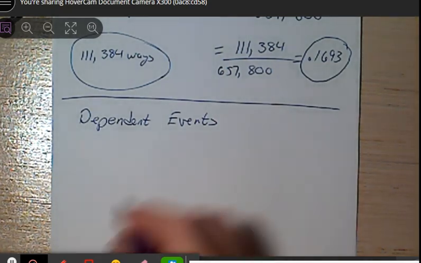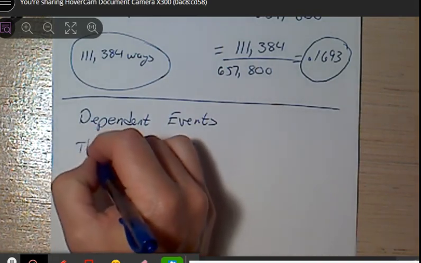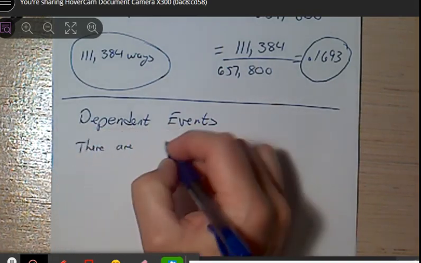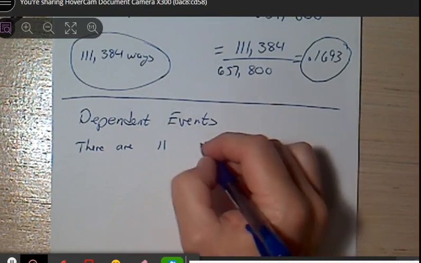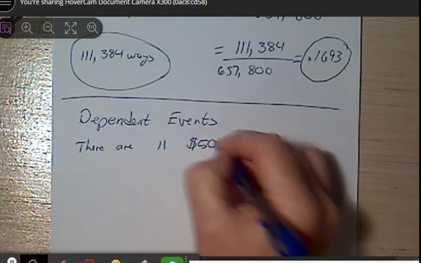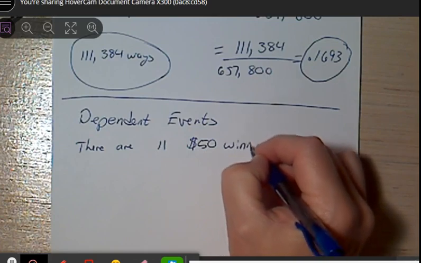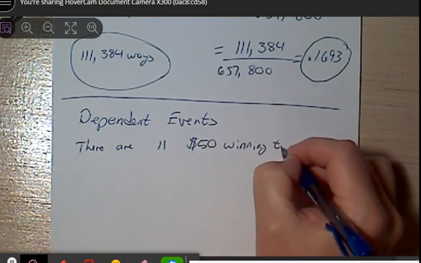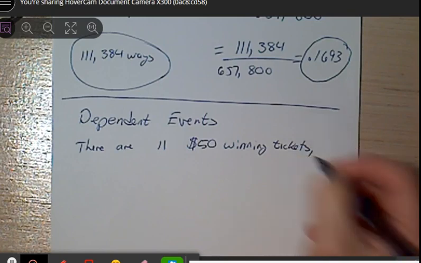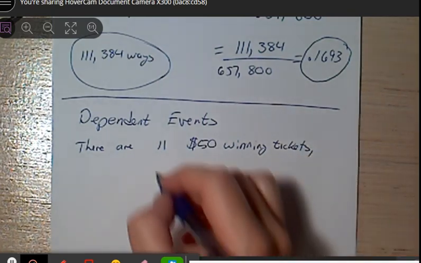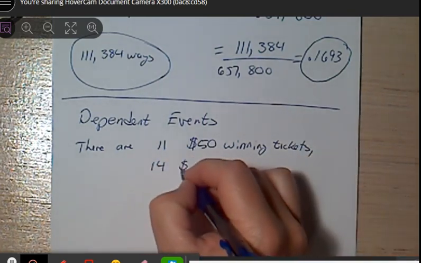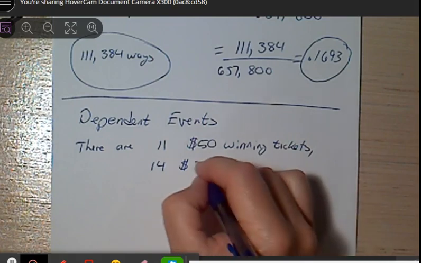Do something like this. Let's say that there are 11 $50 winning tickets. We'll say that there are 14 $25 winning tickets.